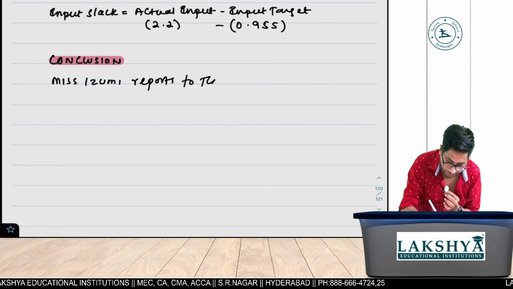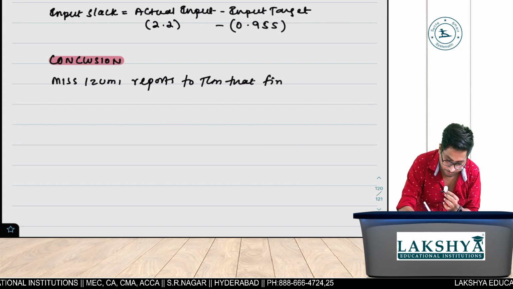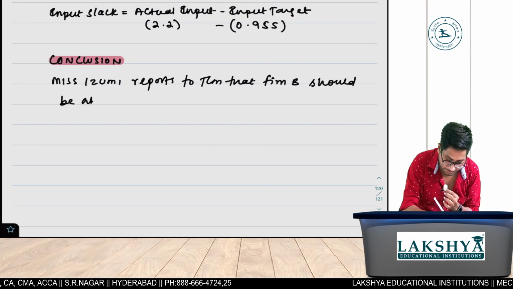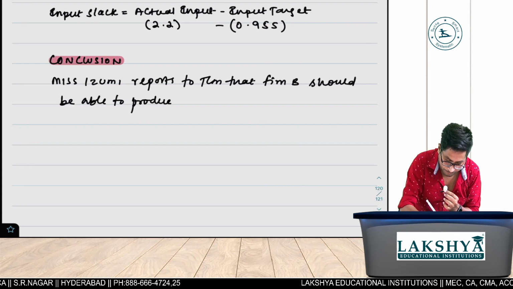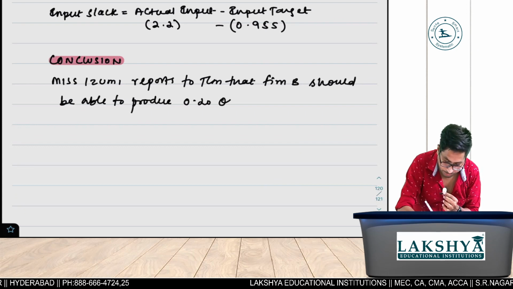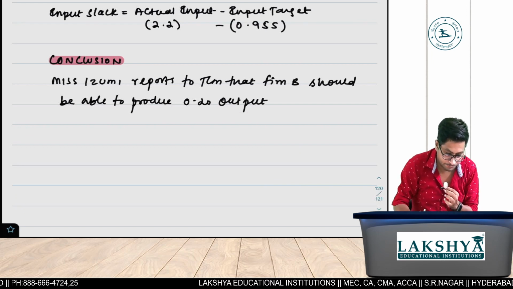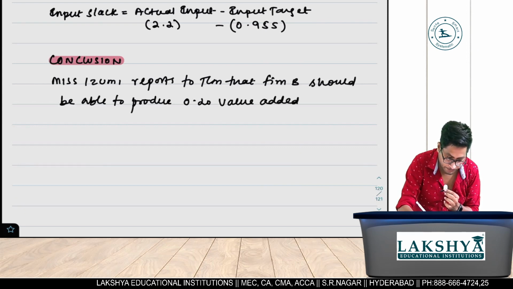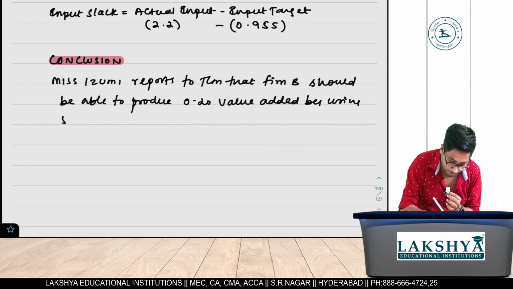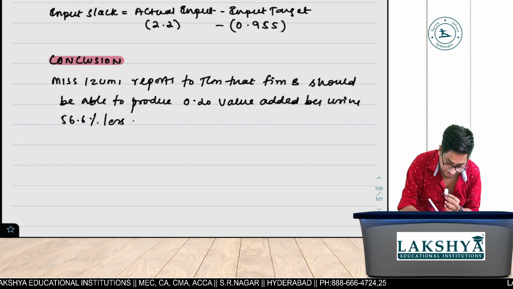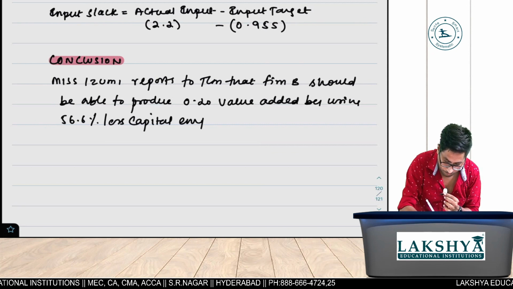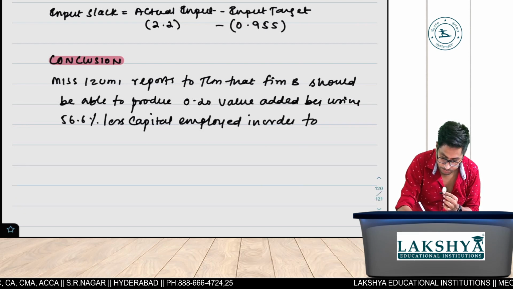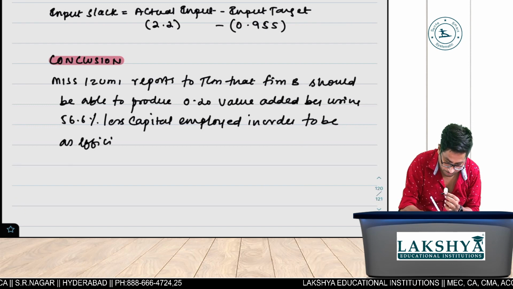Reports to top level management that firm B should be able to produce 0.2 output, that is the same level of output, or you can say value added, by using 56.6% less capital employed in order to be as efficient as whom, sir?